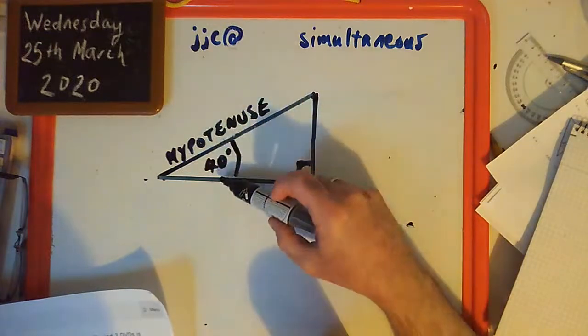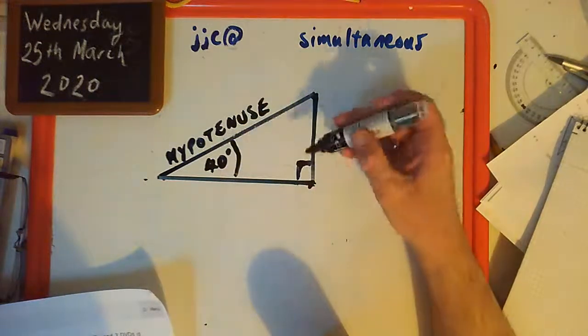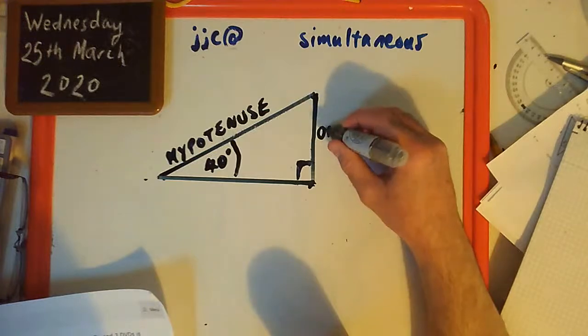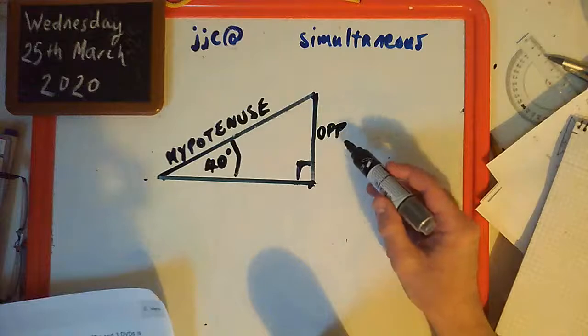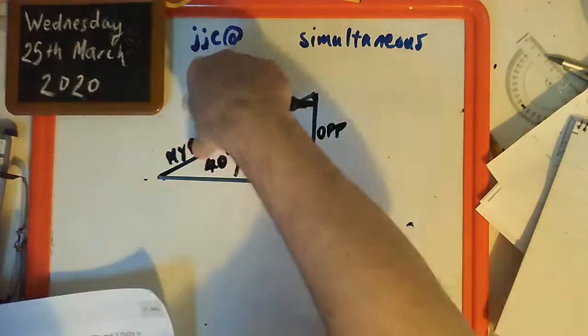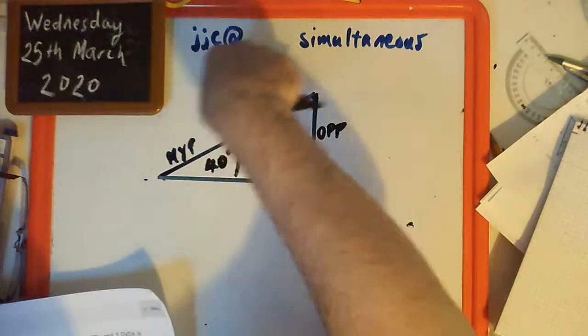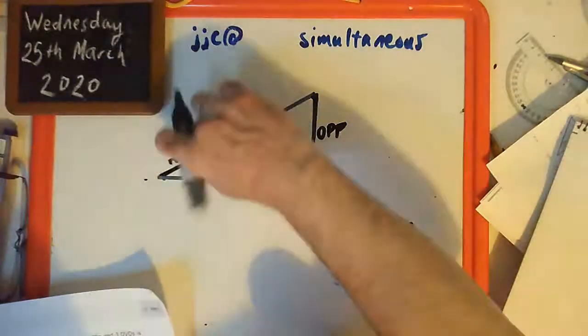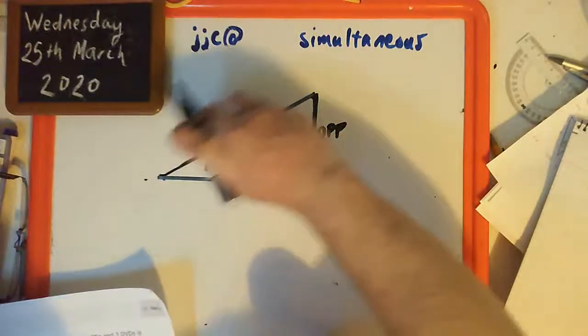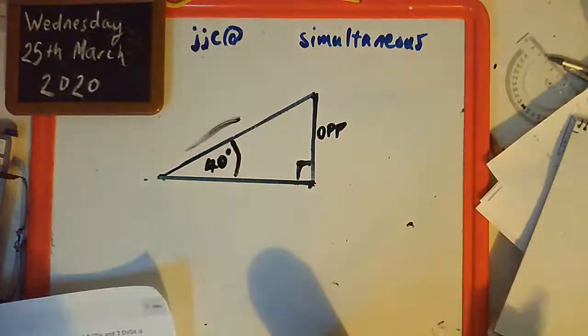So in relation to the 40 degrees, the side opposite from it is called the opposite, often op for short. Hypotenuse, I'm just going to shorten to hyp for now. Let's write that up there.